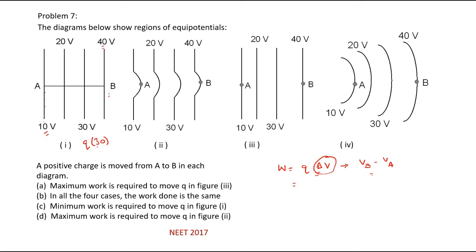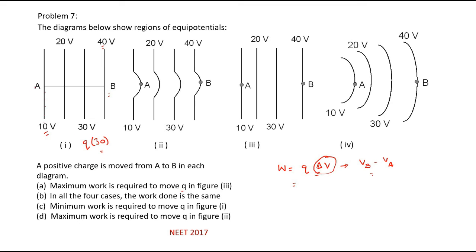We assume the charge as Q, because it is given here as Q, but in the question it is not mentioned, simply a positive charge is given. So let's say that positive charge is Q as shown in the options. So here the work required is 30 times Q, 30Q.